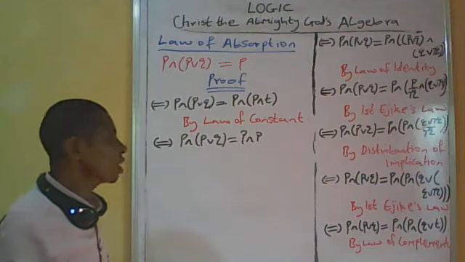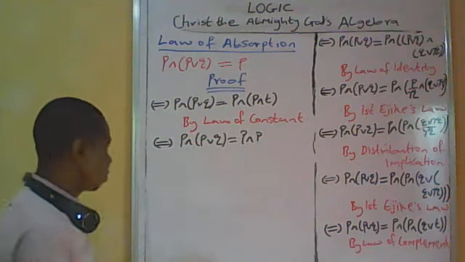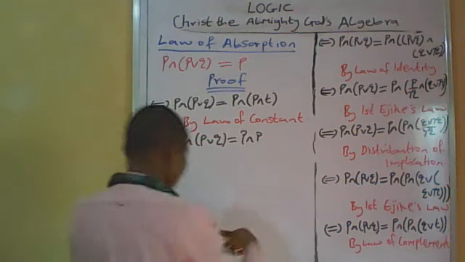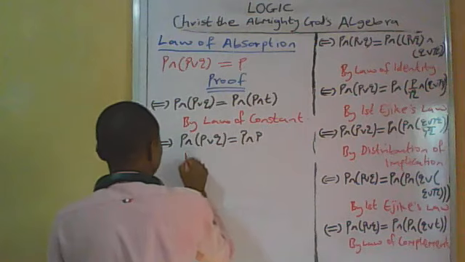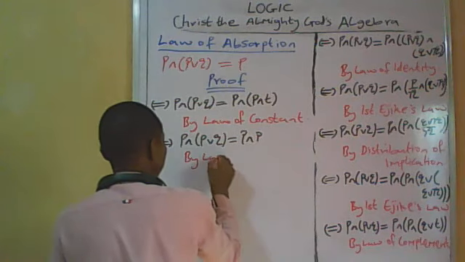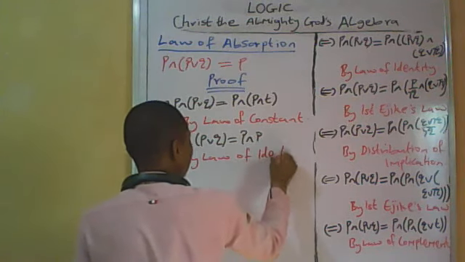Whenever T is ANDed with any term, it is written as that term. So being justified by the law of identity.